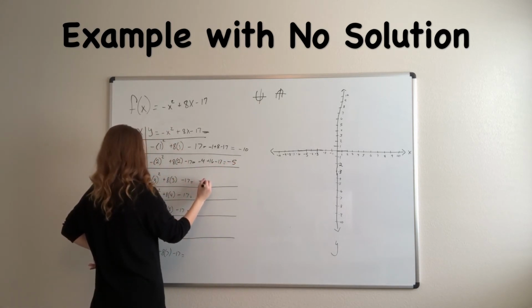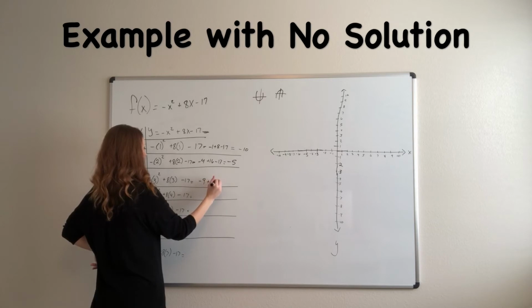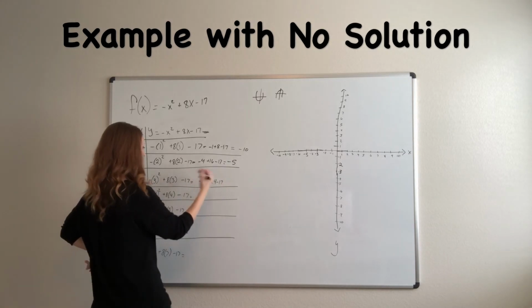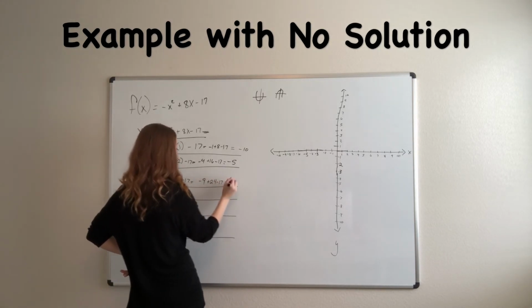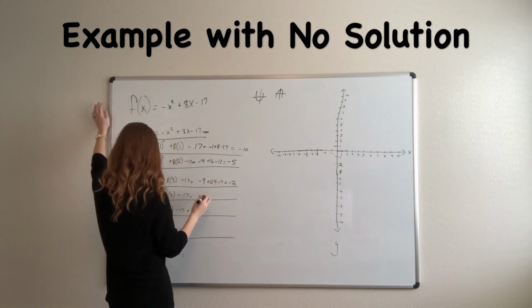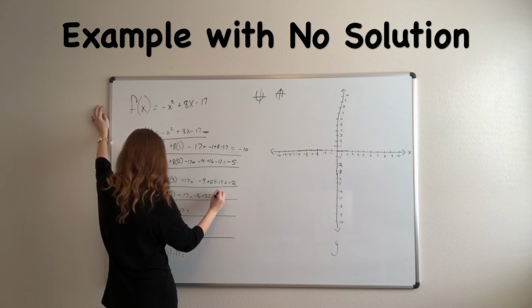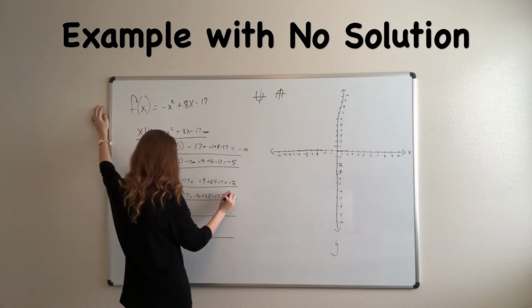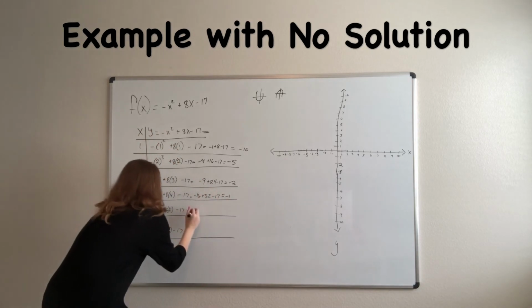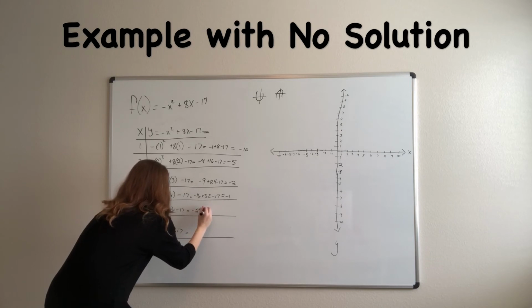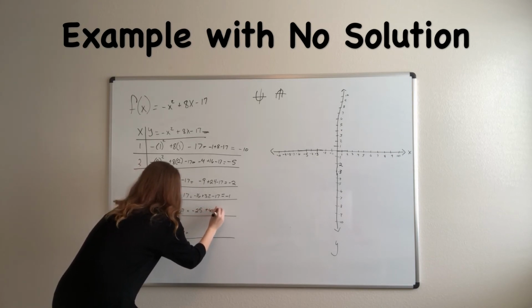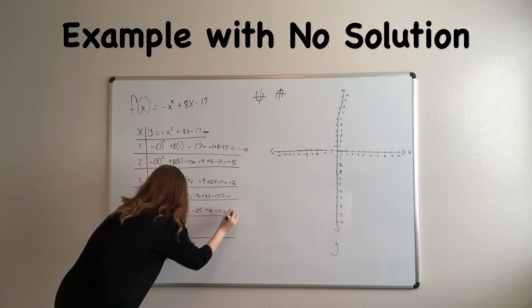It's going to give us -9 plus 24 minus 17, that's going to give us -2. Right here we have -16 plus 32 minus 17, that's going to give you -1. And this will be -25 plus 40 minus 17, that'll give you a -2.